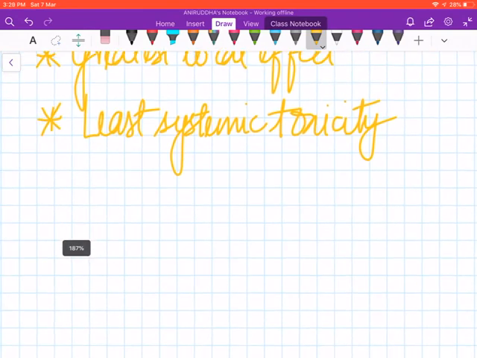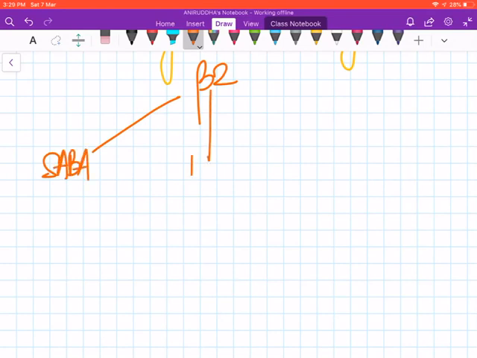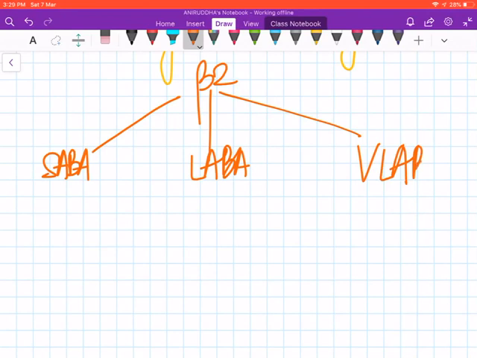Now there are three classes of these beta 2 agonists. Let's discuss them one by one. The first class is called SABA. The second class, LABA. The third class, VLABA. So what is SABA?